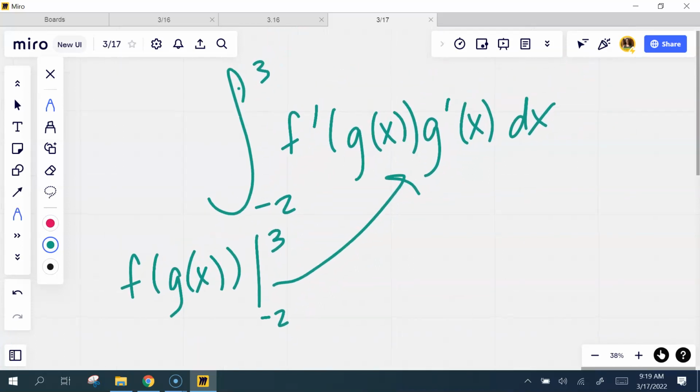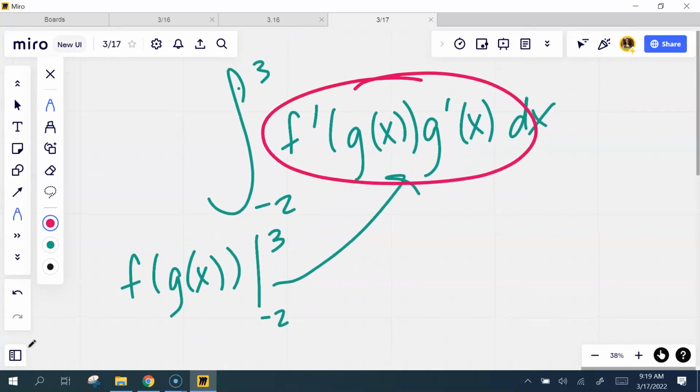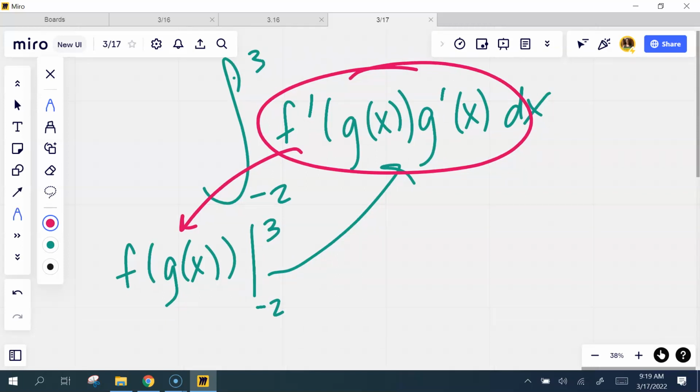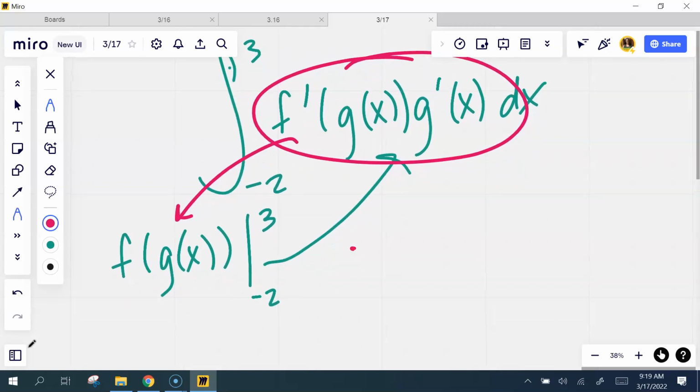Okay, the antiderivative of this is this. Do you agree? Yes. So I do the antiderivative from -2 to 3. I did f of g of x, because you didn't need the g prime of x of chain rule.